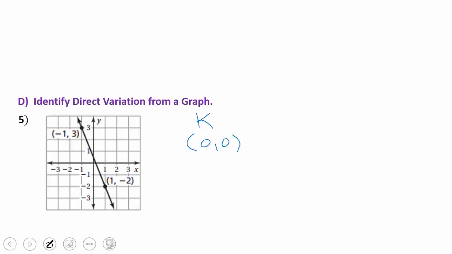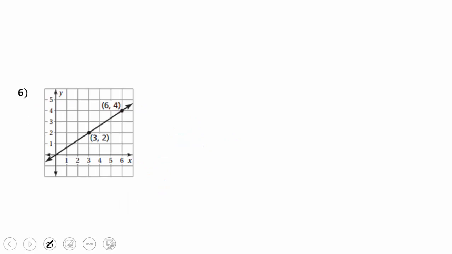So we take over here, I can see if it's a straight line, it does have a constant rate of change. It does have slope. But I know it's not k because this is not proportional because it does not pass through the origin. So this one is no. So it can't have k. It does have m, but it doesn't have k because this is not a proportional relationship.